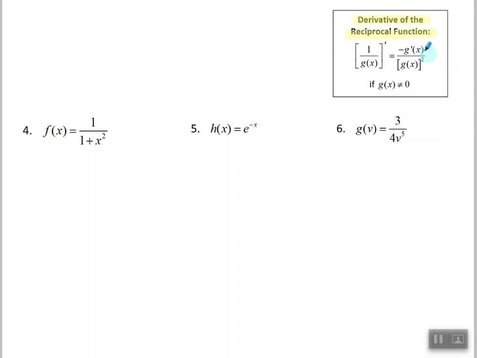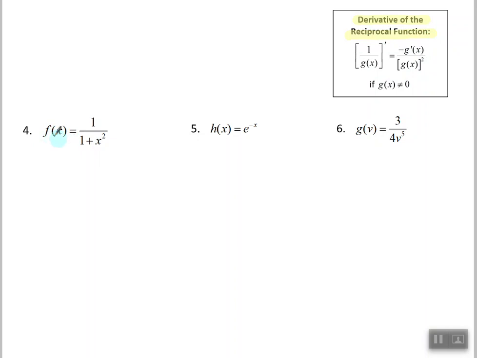Of course, I can use the quotient rule anytime I have a quotient. But if we remember this derivative of the reciprocal function corollary, then things might work a bit faster. So let's try quotients that can be considered derivatives of reciprocal functions and try to use this shortcut.